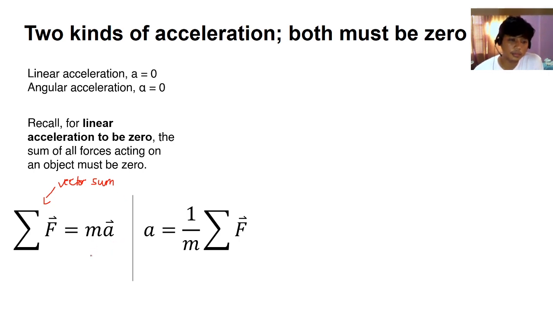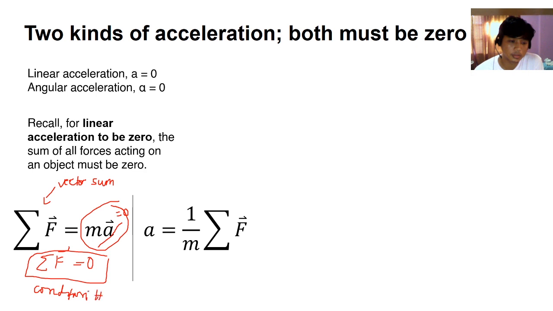Now, if the object is in equilibrium, your acceleration is equal to zero. So the whole expression on the right side is zero. So you say that the sum of all forces is equal to zero. This is condition number one for equilibrium, that the sum of all forces acting on an object must be zero.